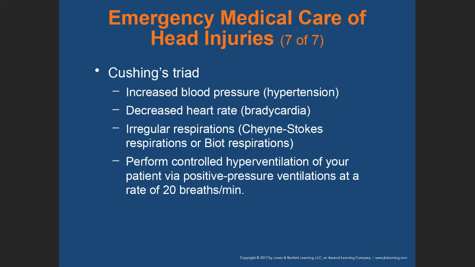So it's going to vasoconstrict and less blood will go to the brain, which is what you want in a patient with raised intracranial pressure. You want less blood going to the brain, right? But as I say, it must be guided by your protocols and medical direction.